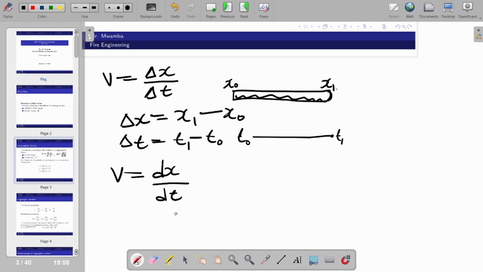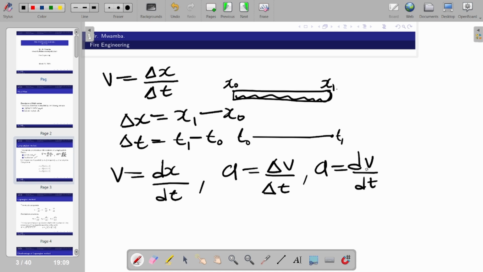The same with acceleration: the change in velocity over the change in time, but we find instantaneous acceleration as dv/dt. This d/dt is just an operator, an indication or the way we write it, to imply that this is an instantaneous change in velocity and also in distance. So we're talking about this.